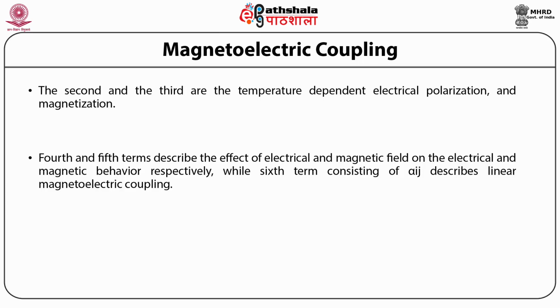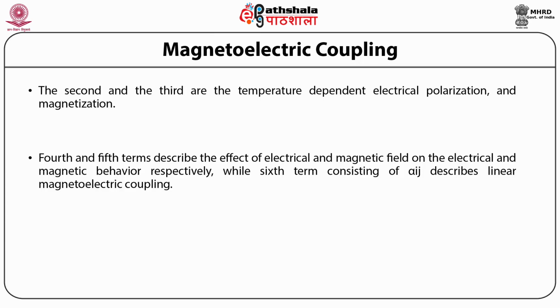Here, epsilon ij and mu ij are second rank tensor quantities and are usually independent of Ei or Hi in the materials without the corresponding ferroic ordering.